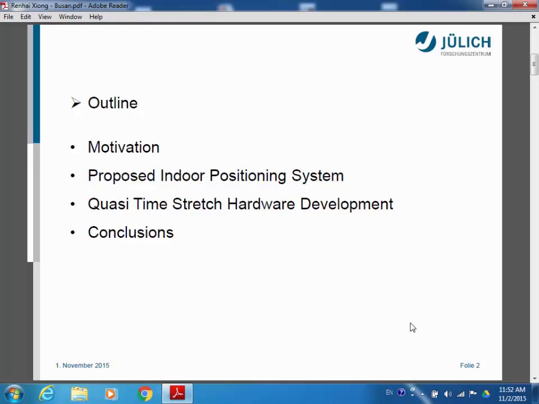It is applied to an indoor environment, and the positioning is determined by the distributed anchor reference nodes. And the third section, I will go into the hardware design itself of this stretch module. Then, in the end, the conclusion.